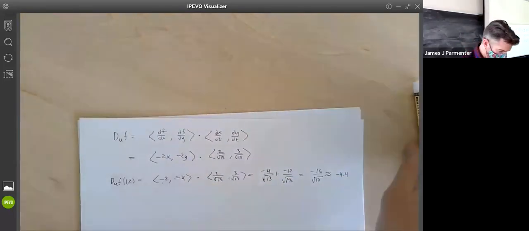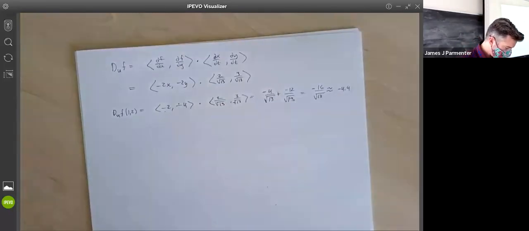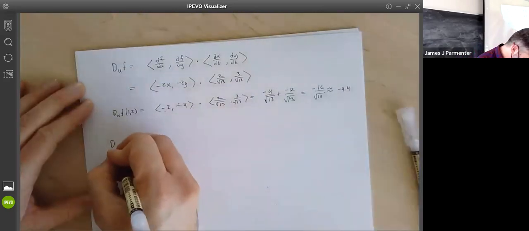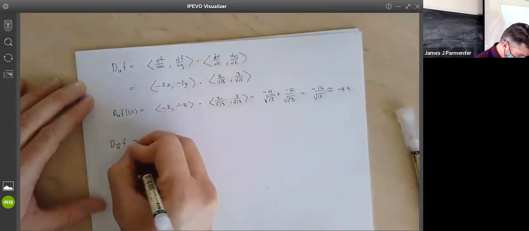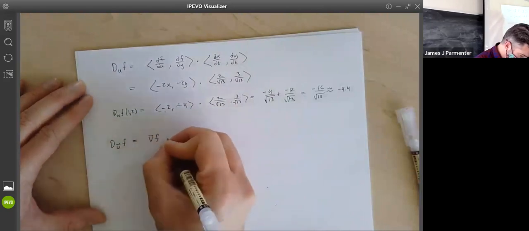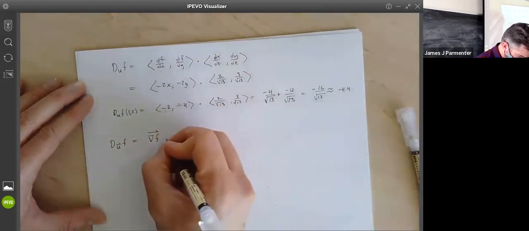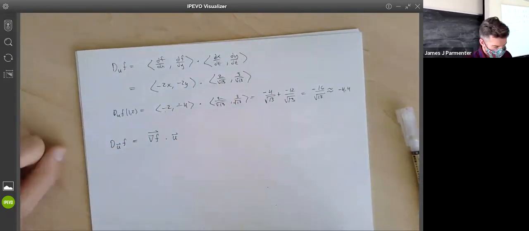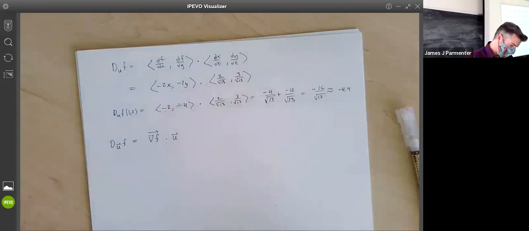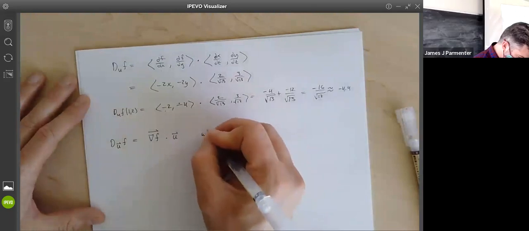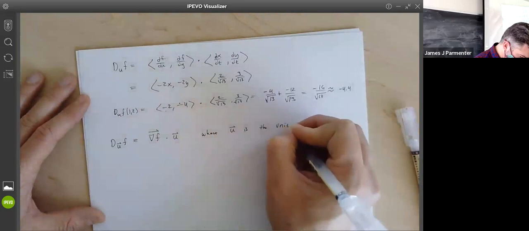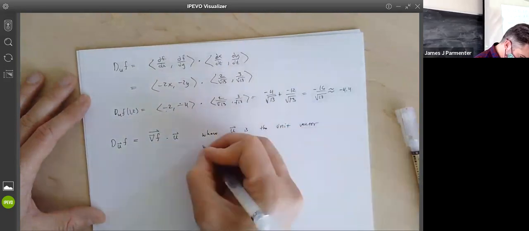So a few observations here. Firstly, the directional derivative, once again, just for everyone, is the gradient, a vector, dotted with the vector u, where u is the unit vector in the direction that you want.